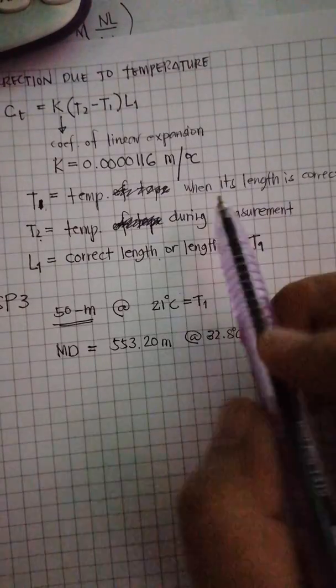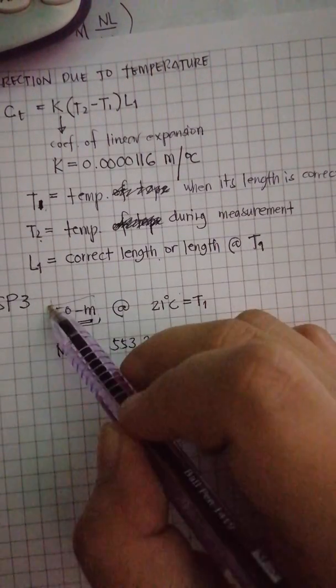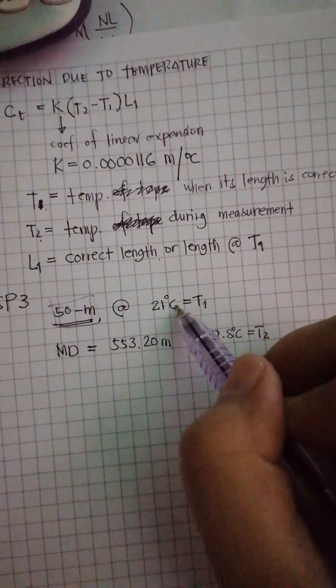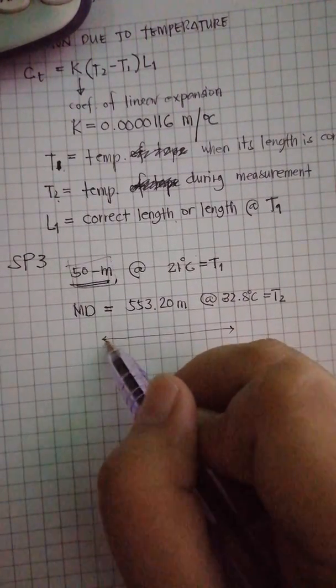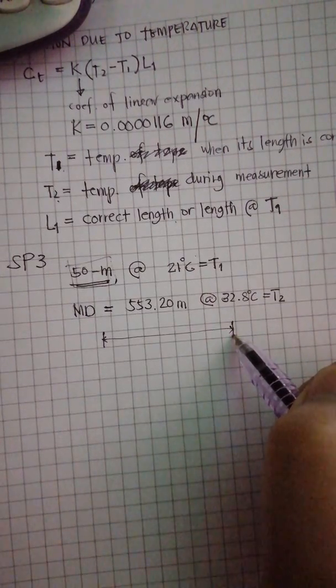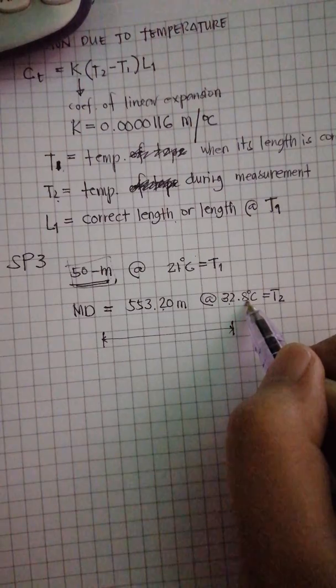So the tape is correct if the temperature is 21 degrees Celsius. But a line was measured using this tape at a temperature of 32.8.